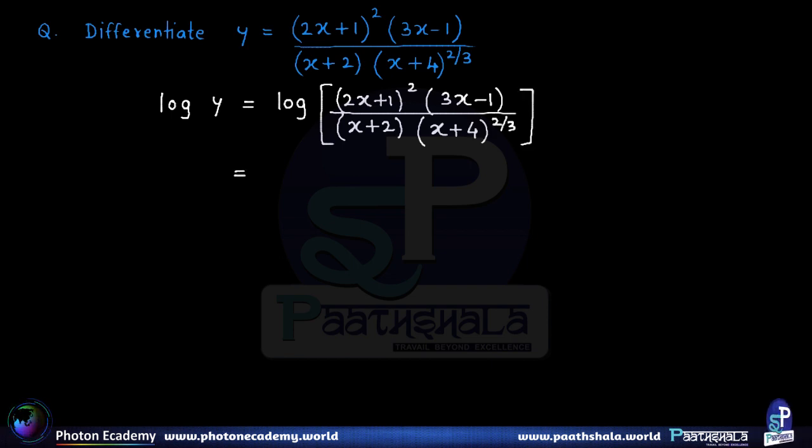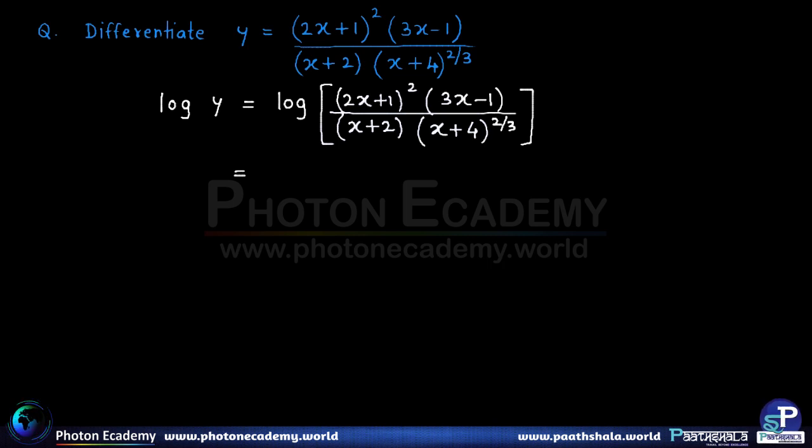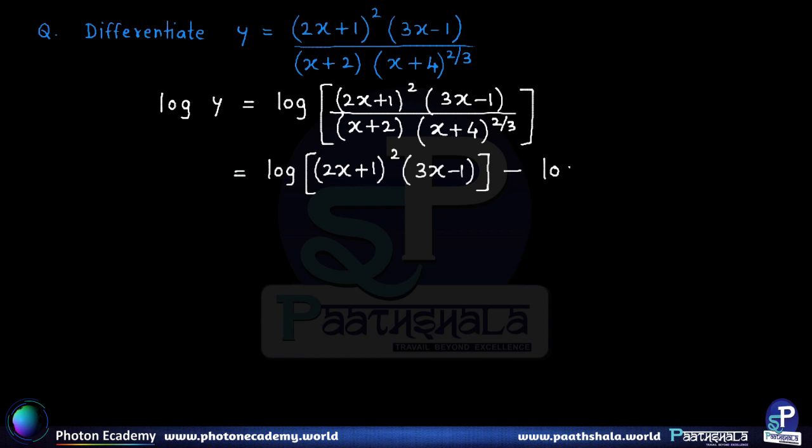So that is further equal to, now we know that log of the division is nothing but the subtraction of logs. So therefore that is equal to log of (2x plus 1) squared into (3x minus 1) minus log of (x plus 2) into (x plus 4) raised to 2 by 3.